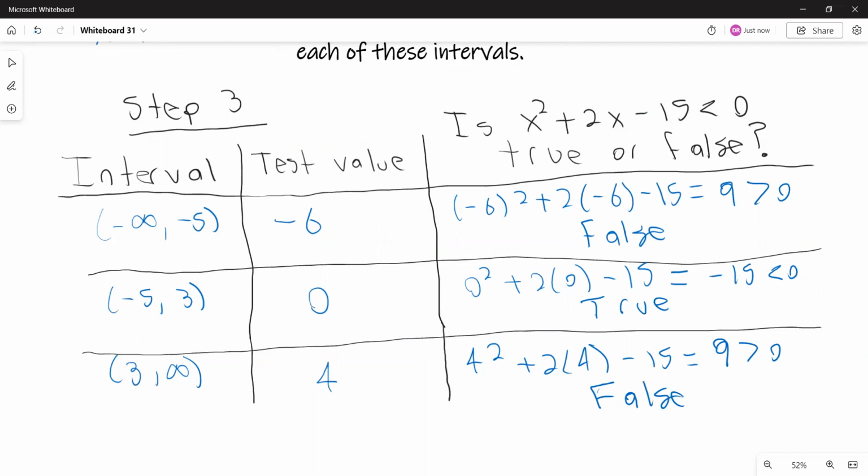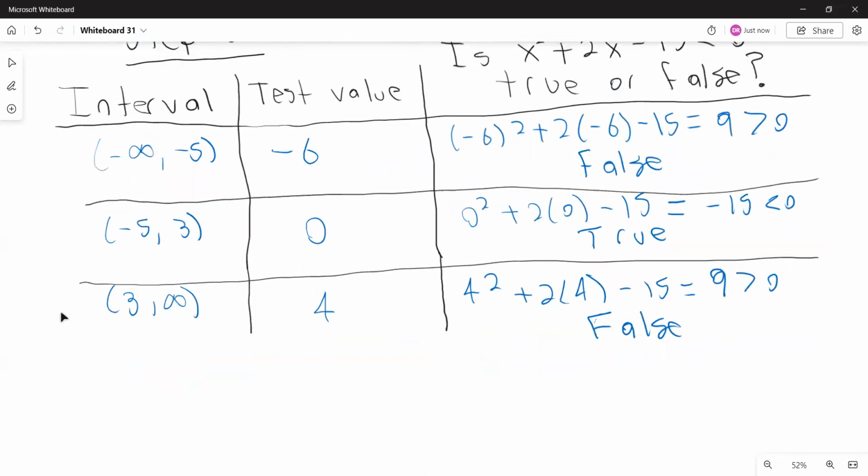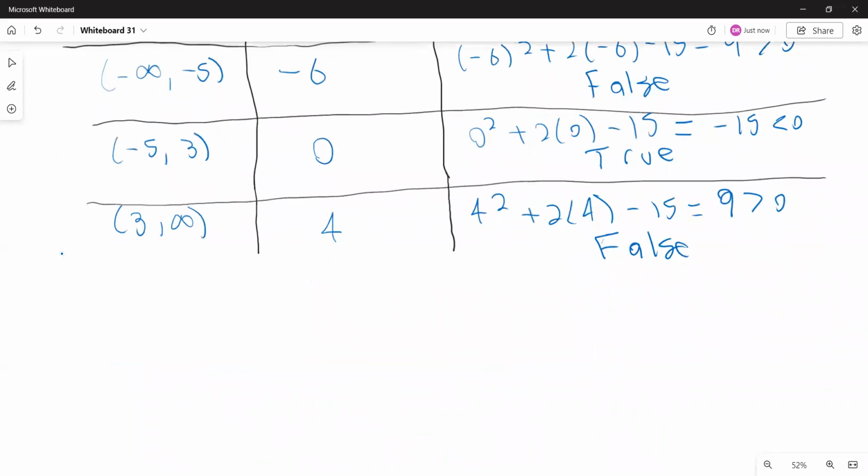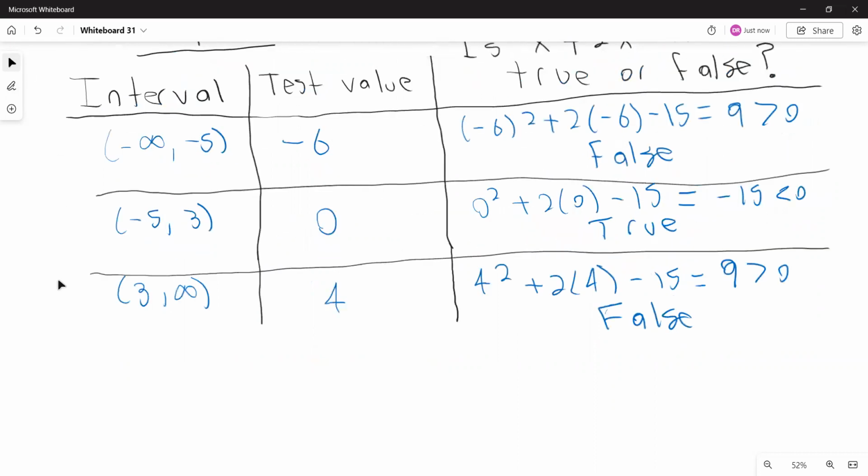And the solution set is (-5, 3). So these were our findings. I'm going to go back to that number line.